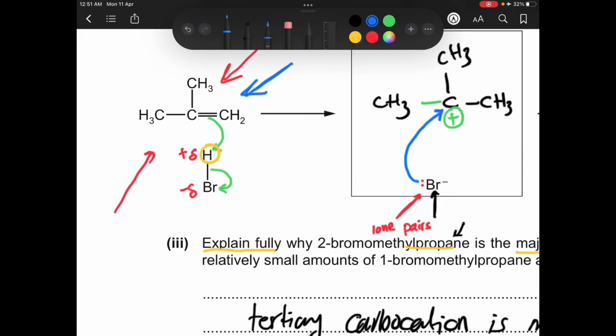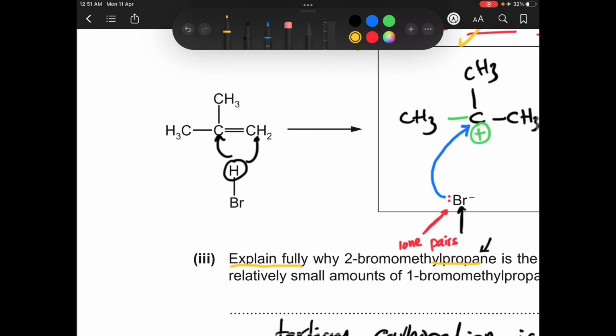I just want to erase all of this stuff in here. I just want to clarify a little bit. The H could attack here or in here. We talked about the case when the H attacks in this area, but what happens if it attacks in here? You will have something like CH3, C, and this carbon in here will take another hydrogen.